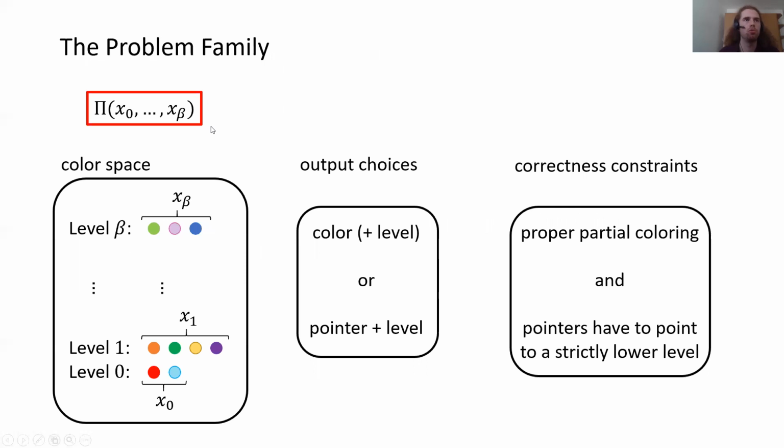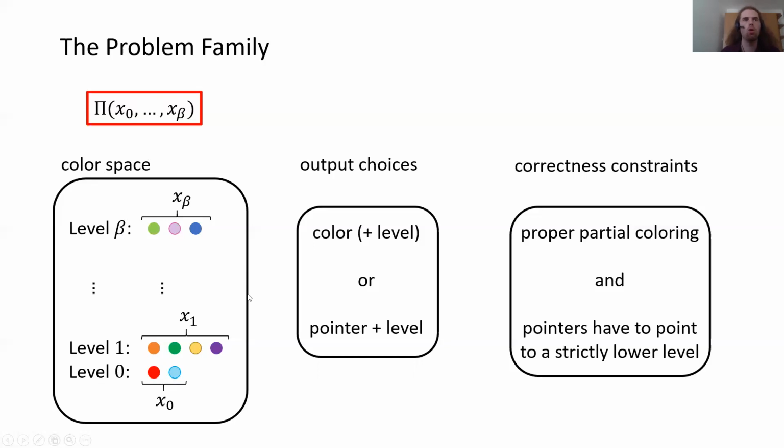So here's our problem family. Each problem in the family has beta plus 1 parameters x0 to x beta, and these parameters define a color space. So in this color space, each color has a level from 0 to beta, and the parameter xi will tell us how many colors we have on level i.